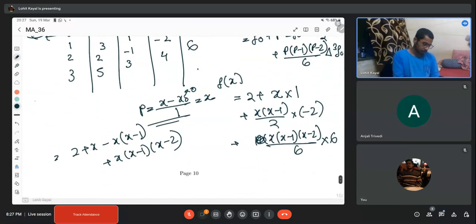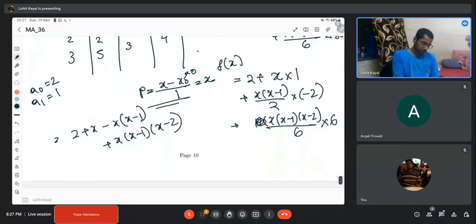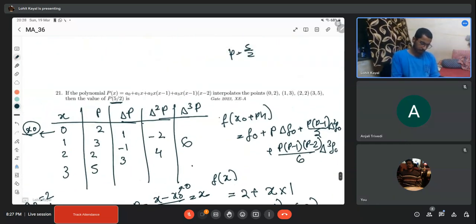So a0 equal to 2, a1 equal to 1, a2 equal to minus 1, a3 equal to again 1.